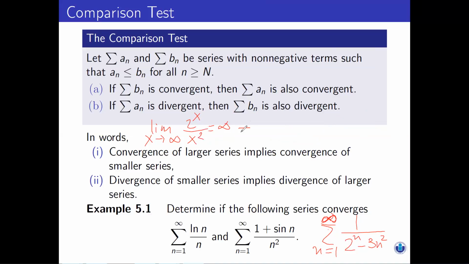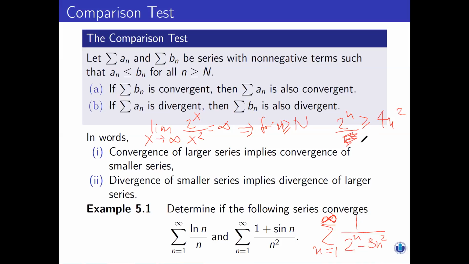So eventually for large n, let's say n bigger than capital N, this will be very large, and in particular it's bigger than, say, 4, and then you can simply multiply here.